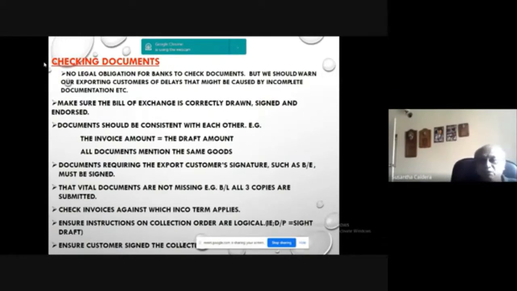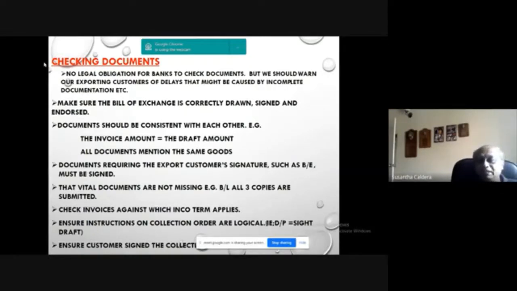For example, the invoice amount and the draft amount should be identical. If the invoice amount is US dollars 10,000 and the draft amount is US dollars 10,010, then it is wrong. Right? All documents mention the same goods. This also I have discussed.